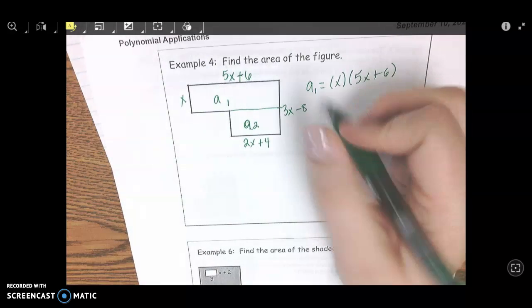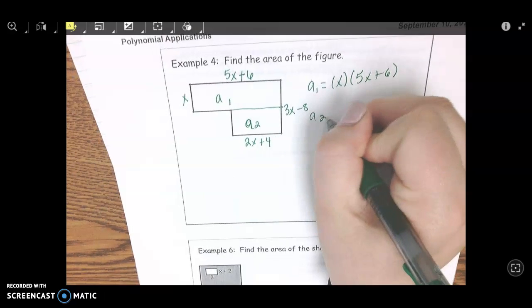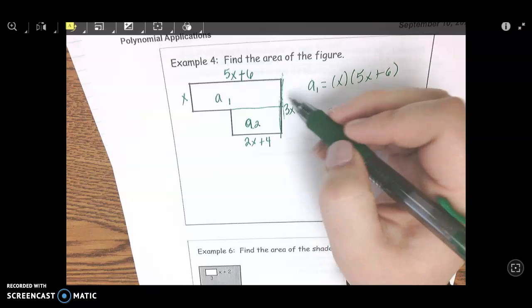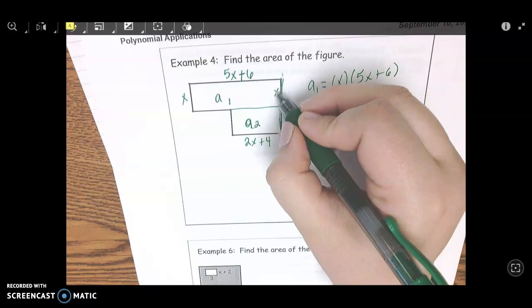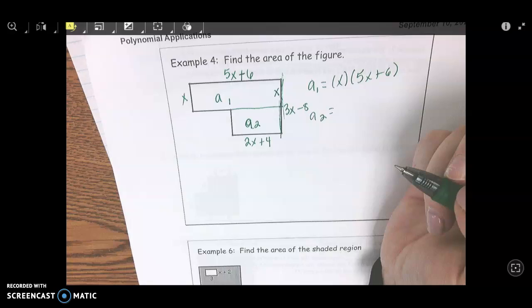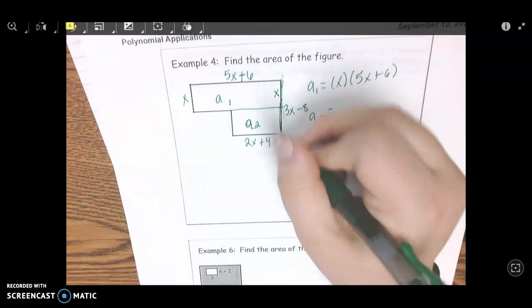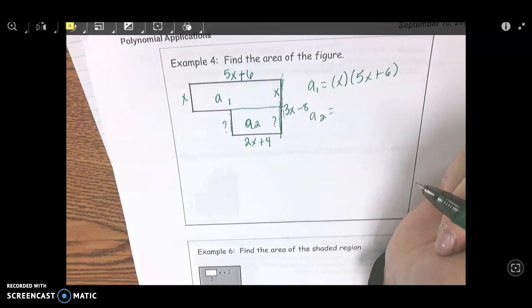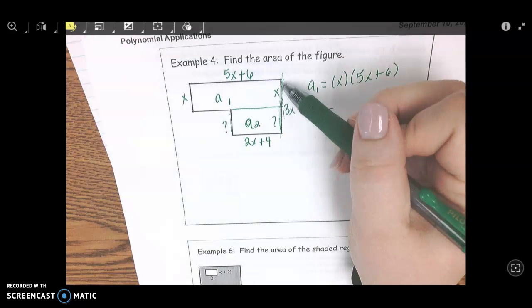My question for you: if this entire side is 3x minus 8, you know that this part is x, right? What would this part right here be? You're going to subtract out that x. Michael, what did you say? 2x minus 8.